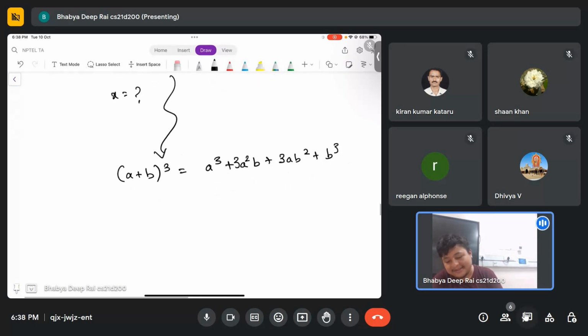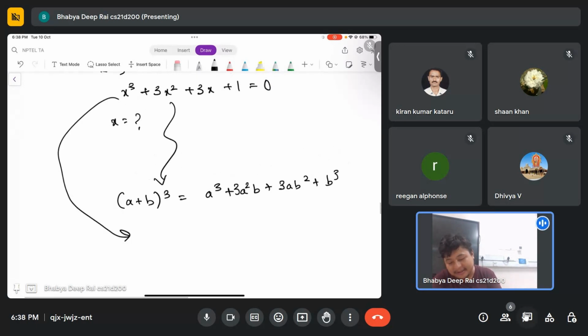Now we realize that this particular equation is nothing but a cube plus 3 times x square times 1 plus 3 times x times 1 square plus 1 cube, which is equal to 0.